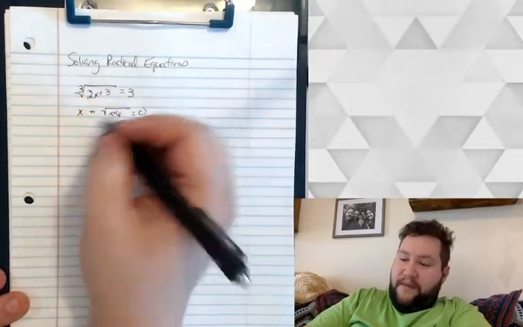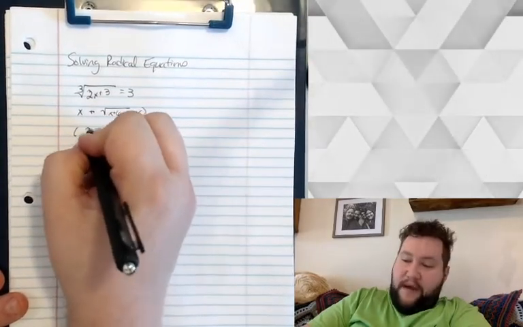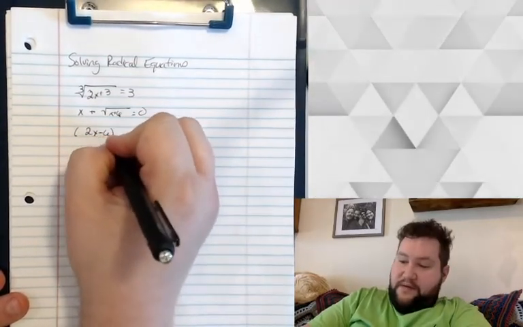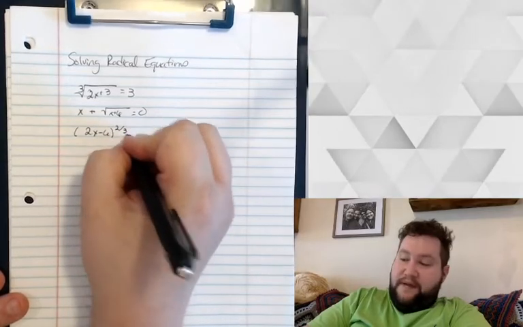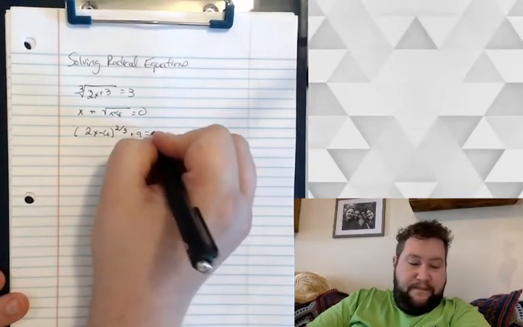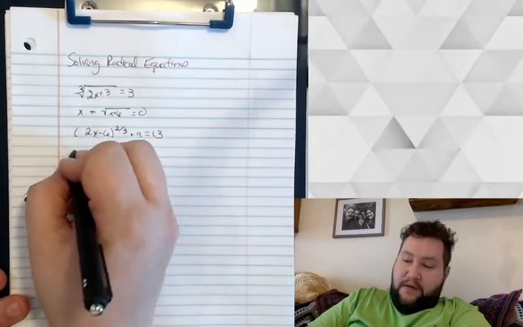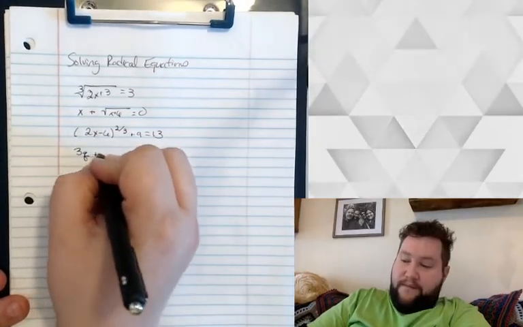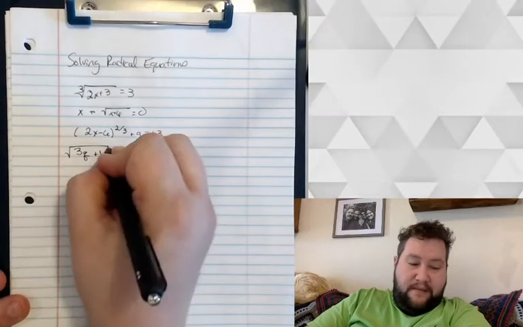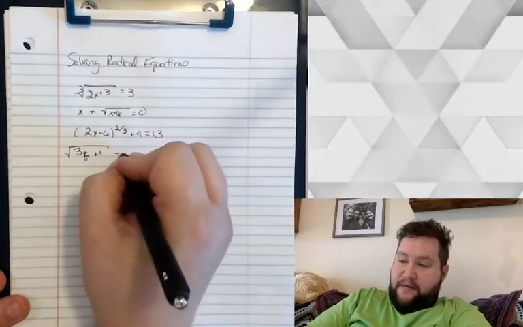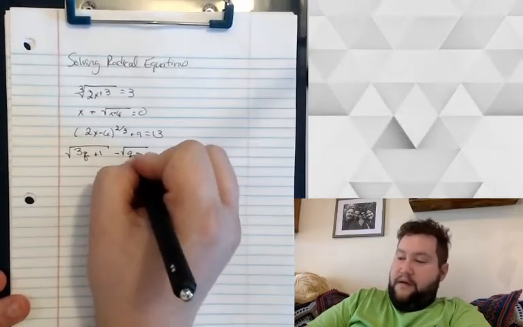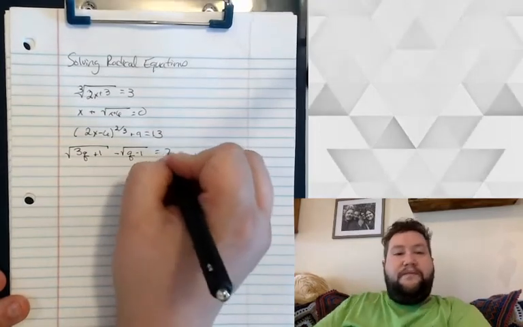Or we might have something that looks like this: (2x minus 6) to the 2/3 plus 9 equals 13. Or even we could have something like the square root of 3q plus 1, minus the square root of q minus 1, is equal to 2.